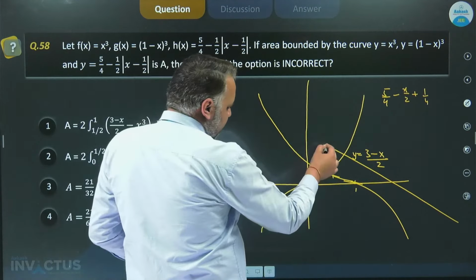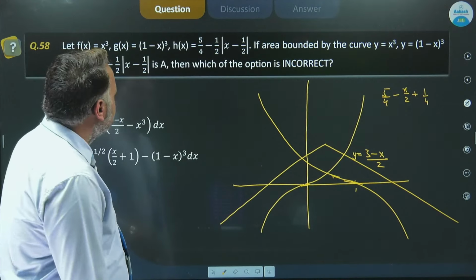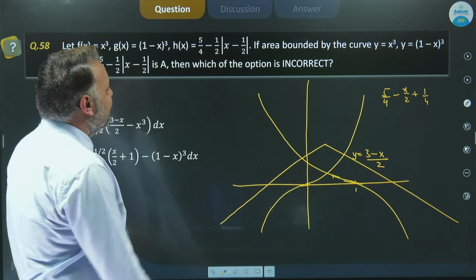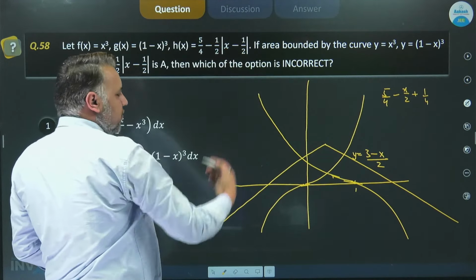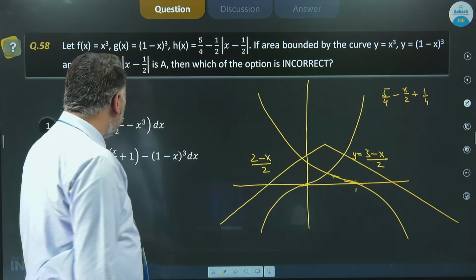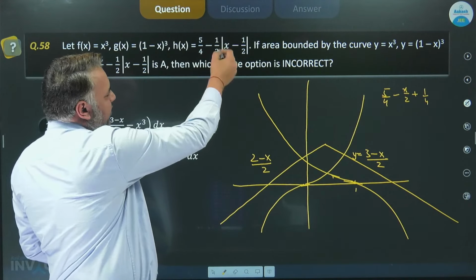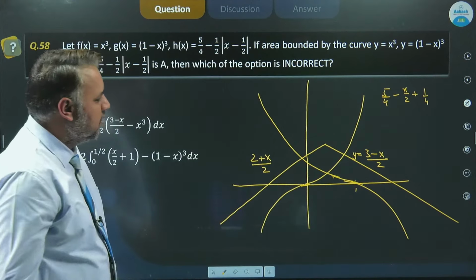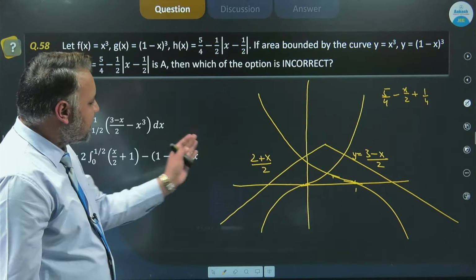And on the left side, obviously, this is symmetric about x is equal to half, so the graph will be like this. If x is smaller than half, this will be opened with a minus sign, so you can take plus here. So this is 5/4 minus 1/4, that is 1, so 2 minus x divided by 2. Because this will be minus x/2, that will be plus 1, so it is plus x/2. Okay. So this is the final graph, or you can say 1 plus x/2.